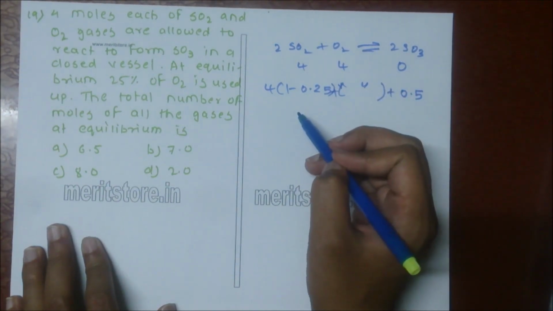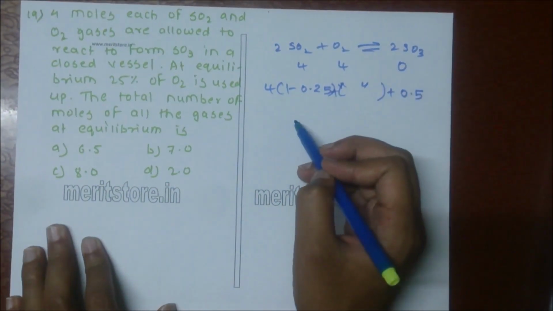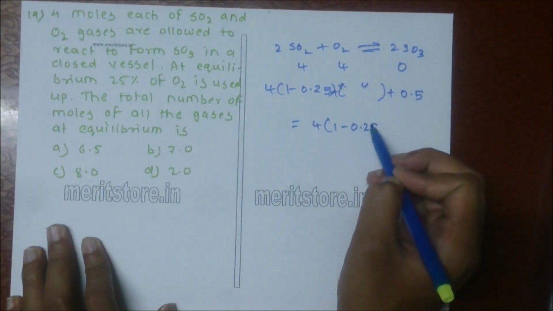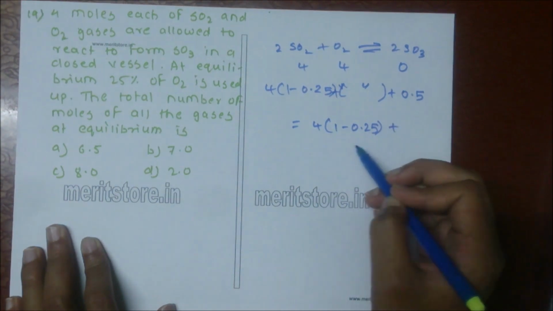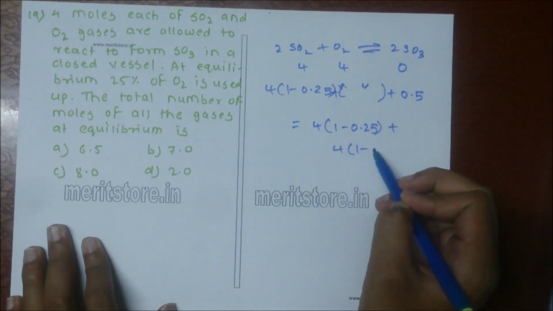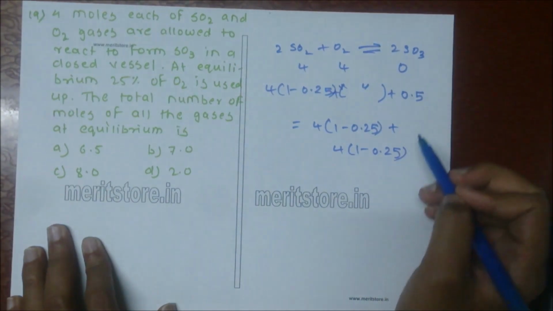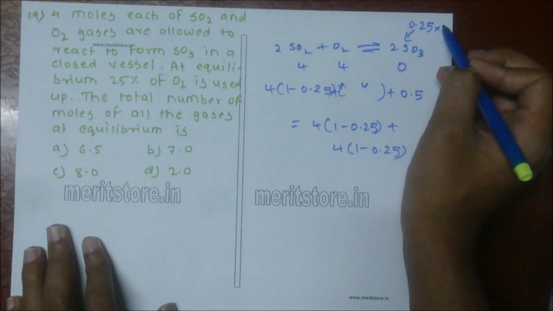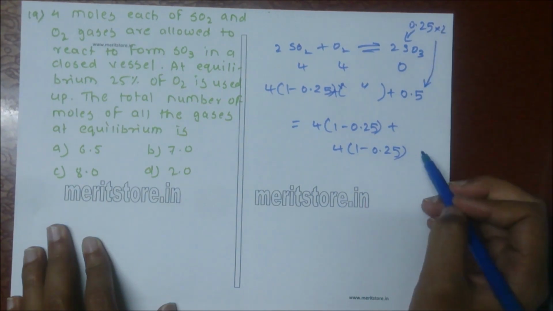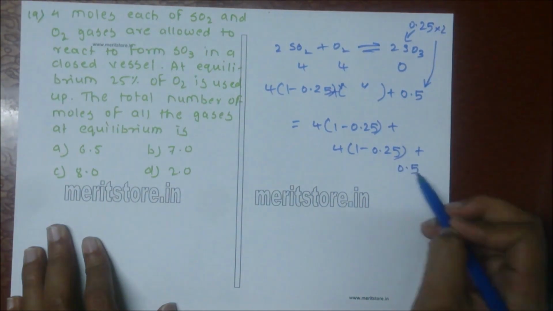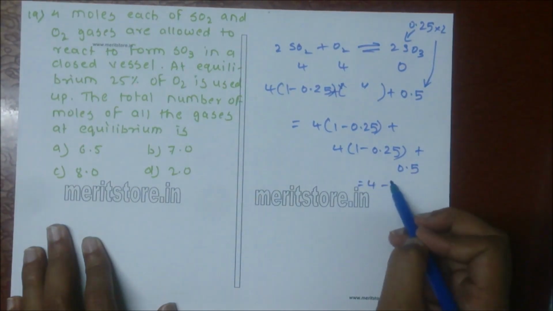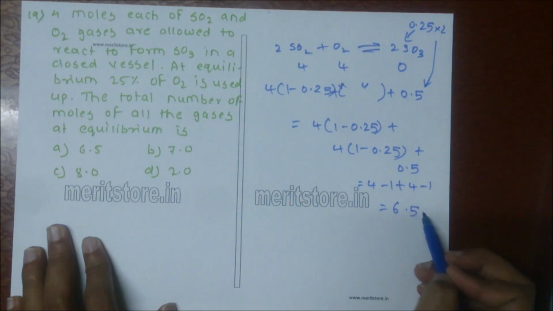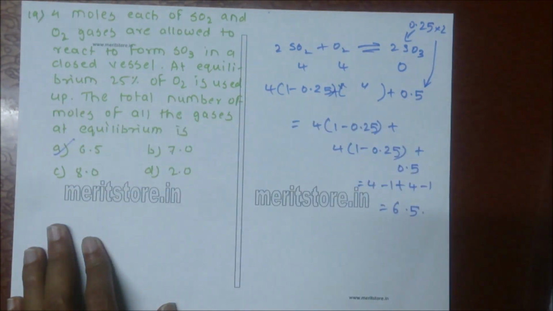The total number of moles is equal to 4(1 minus 0.25) plus 4(1 minus 0.25), and of SO3 is 0.25, which we multiply by 2, so we get 0.5. That is 4 minus 1 plus 4 minus 1 plus 0.5, which is equal to 6.5. So option A is the correct answer.